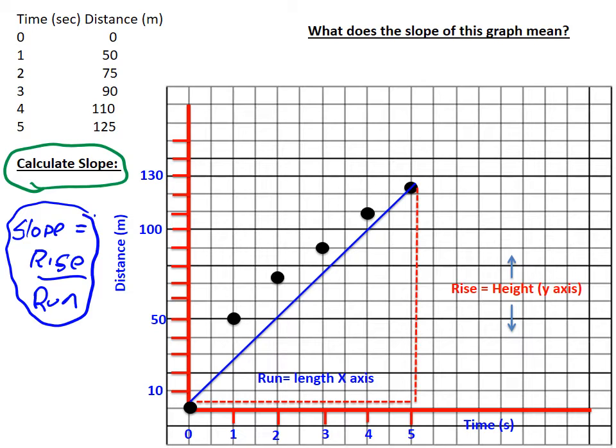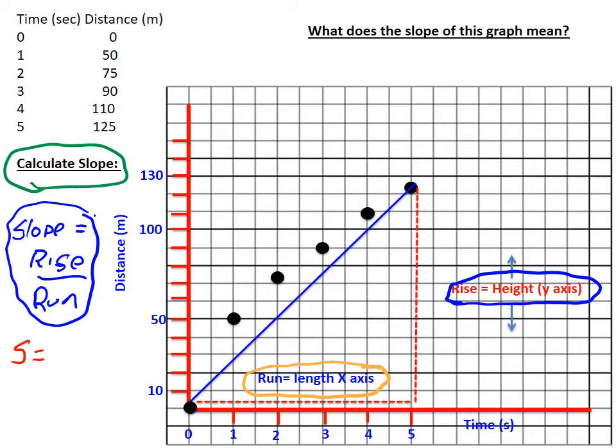That should be on your equation note card. The rise is always going to be the height along the y-axis, whereas the run will always be the length on the x-axis.